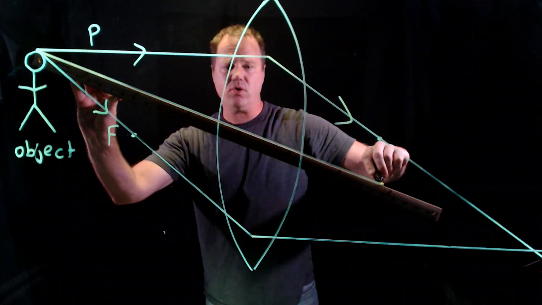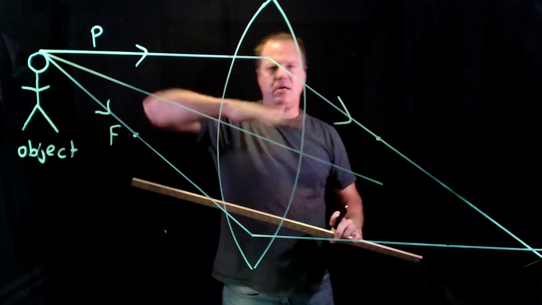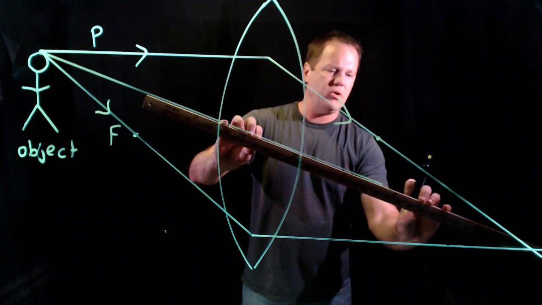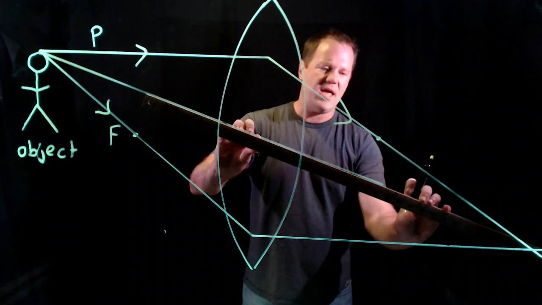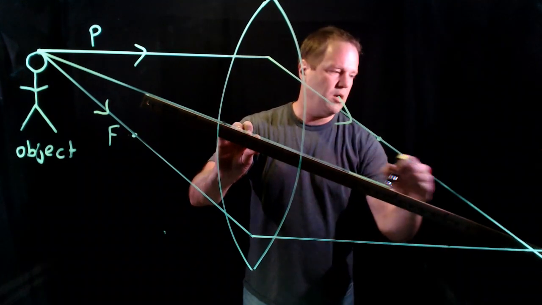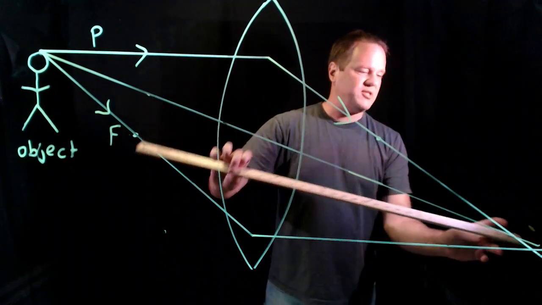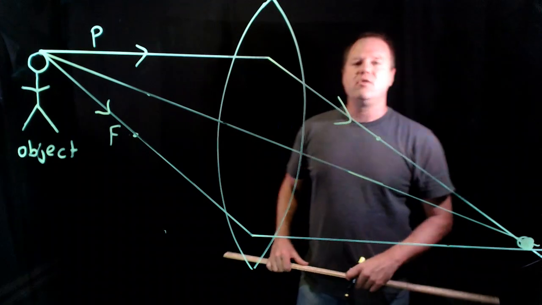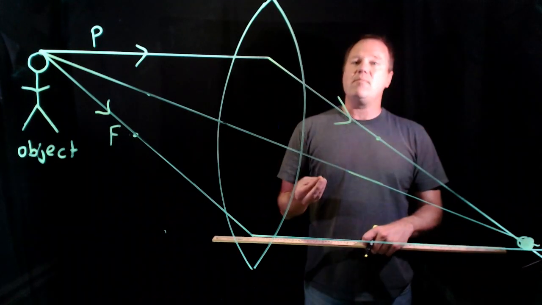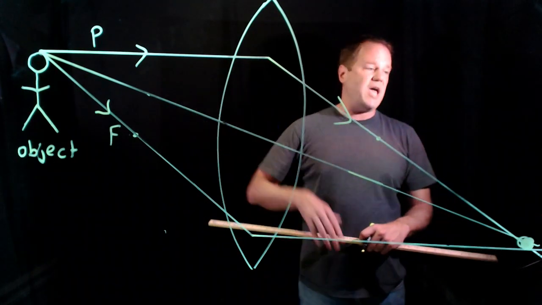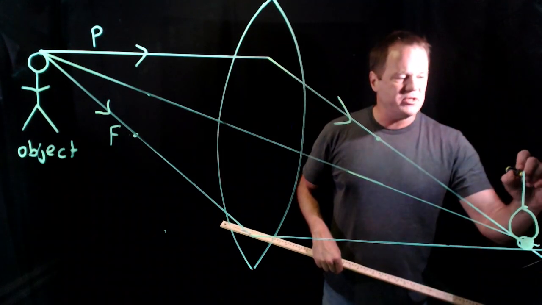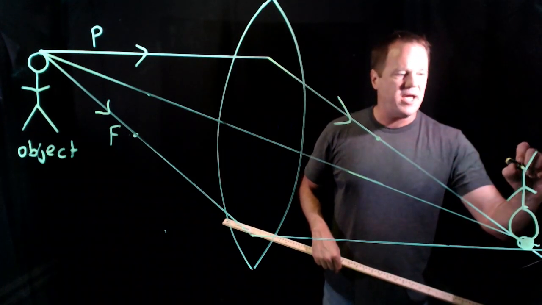So I go through the center, and that's going to divert just a tiny bit, but basically it passes through more or less unimpeded, and I missed just a tiny bit, but I know that somewhere around here would be the location for the image for the top of the person's head. And then I can extrapolate to the rest of the person's body, and I get something like that.